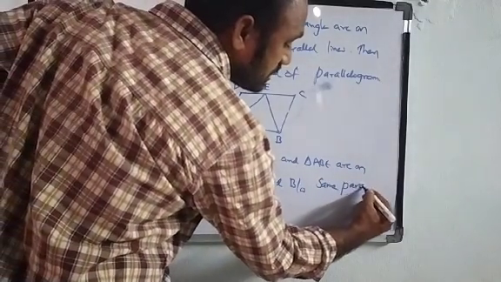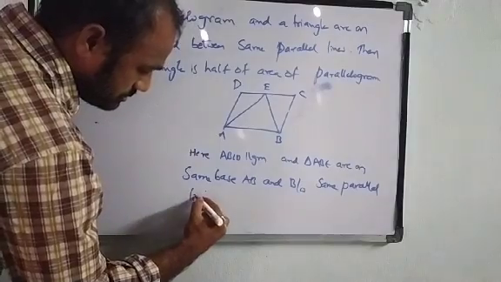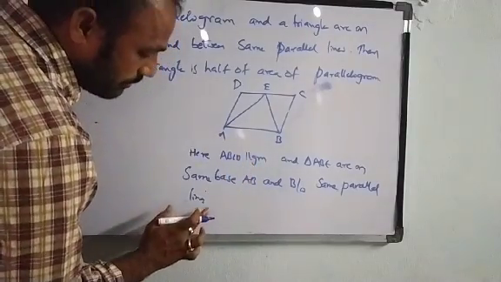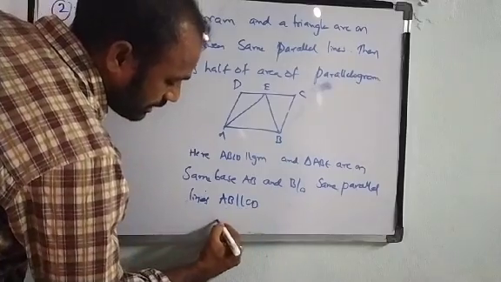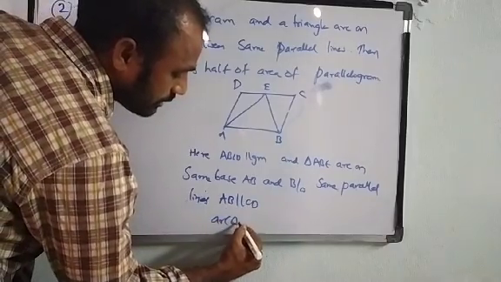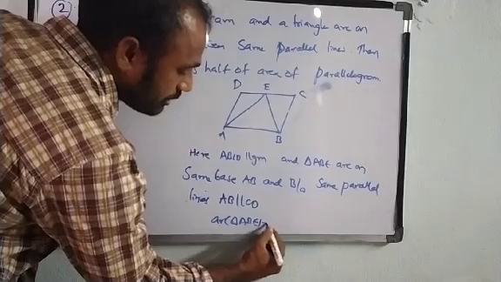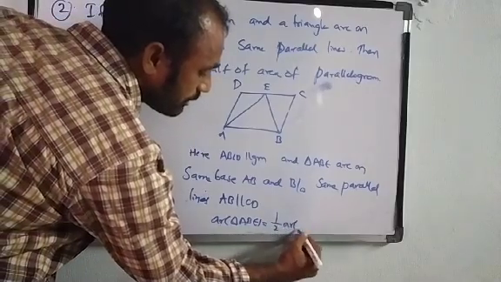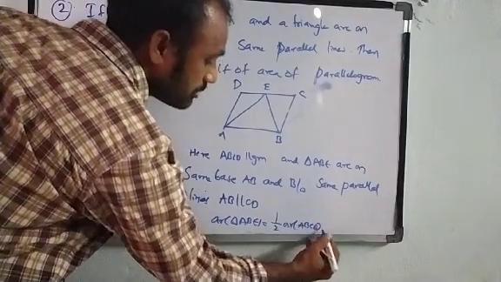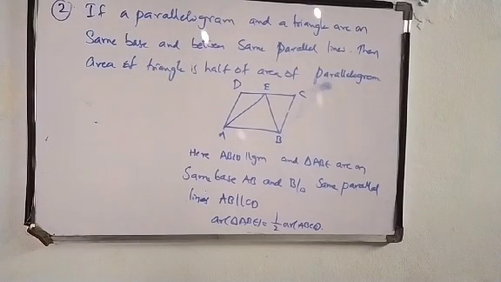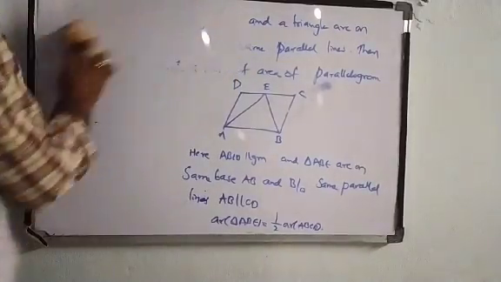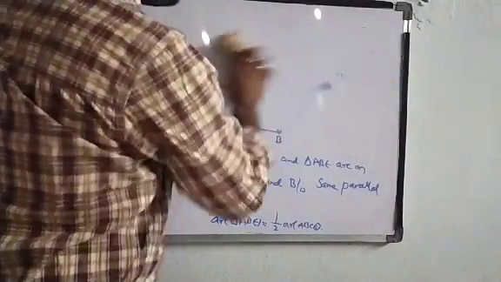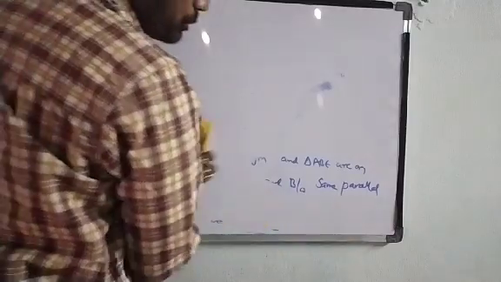The parallel lines are AB parallel to CD. So I can say that area of triangle ABE is equal to half of area of ABCD parallelogram. So these two theorems are very important in order to solve the next exercise, exercise 9.2.